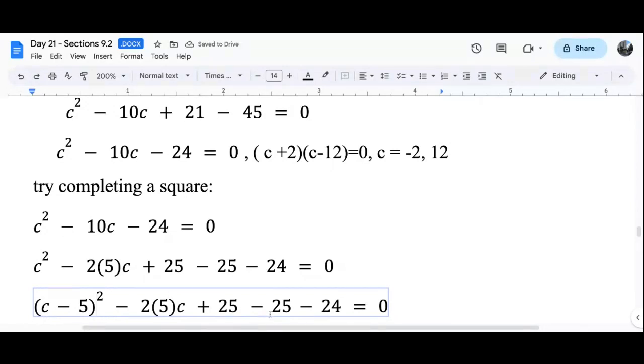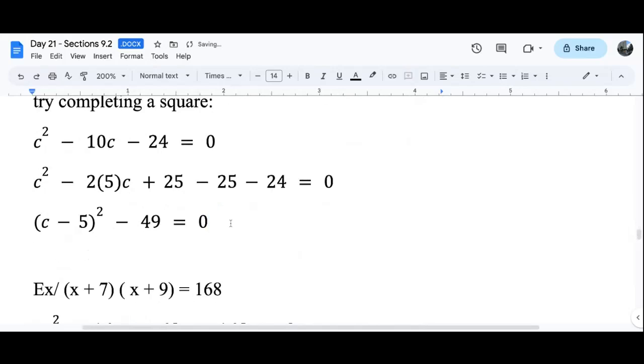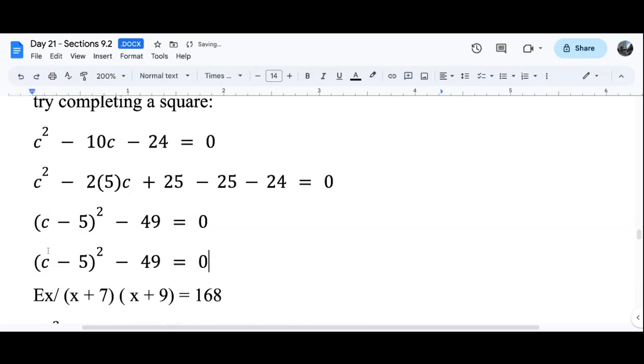Then 25 minus 24 gives minus 49. Right, that's minus 49. Then I can move the 49 over, and I can square root both sides.